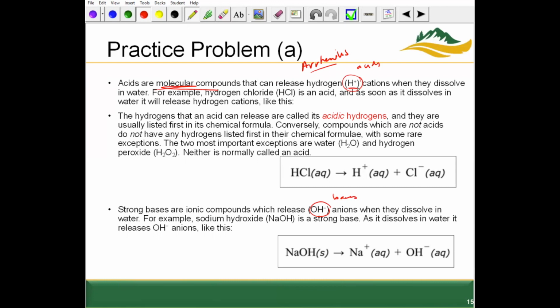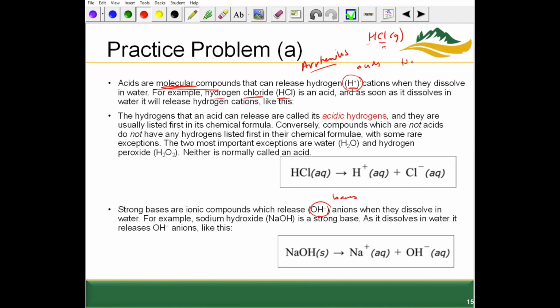For example, we've seen hydrochloric acid here. Technically, if we're naming this molecular compound, it's two nonmetals, so we'd name it hydrogen chloride. As a gas, we should name it hydrogen chloride, so for a molecular compound we change the ending to IDE.